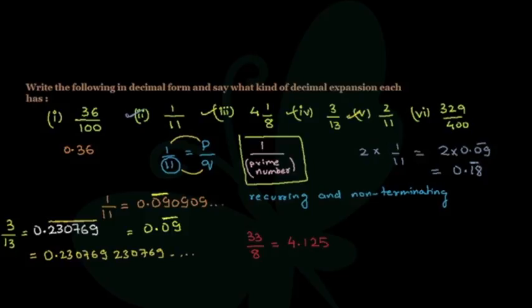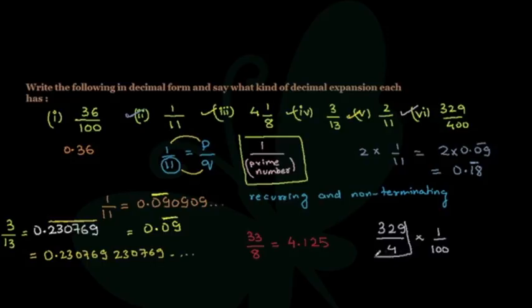And let's look at the last one. We have 329 divided by 400. Well, it's easier to express the 400 in the denominator as 4 into 100.